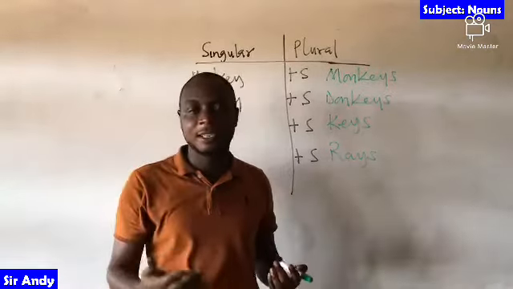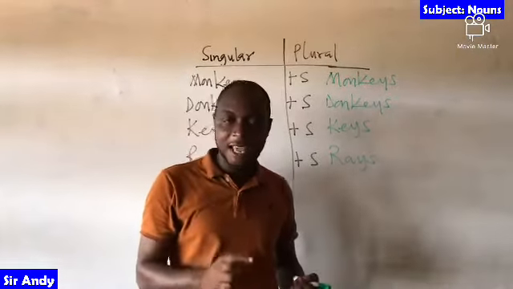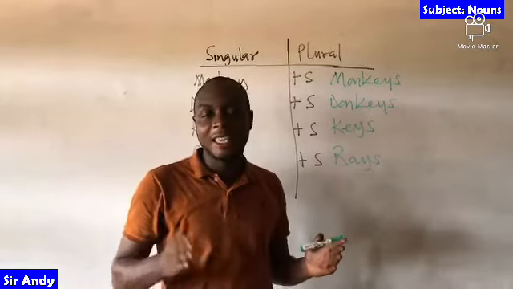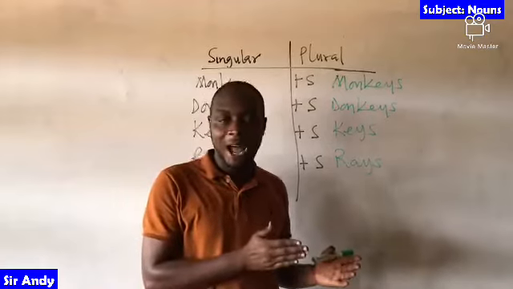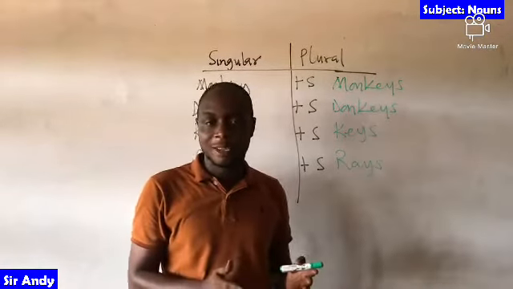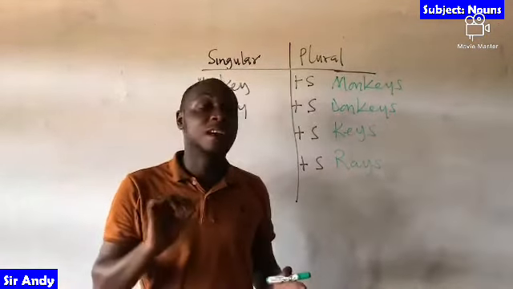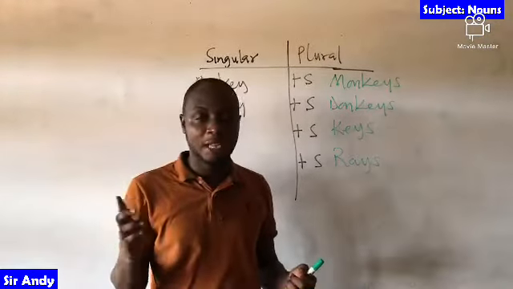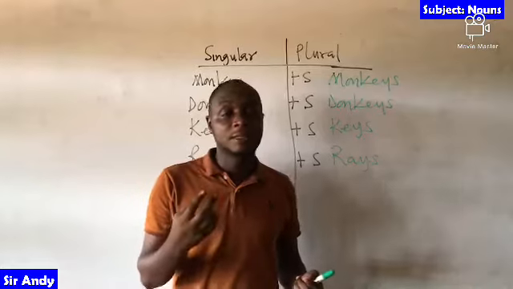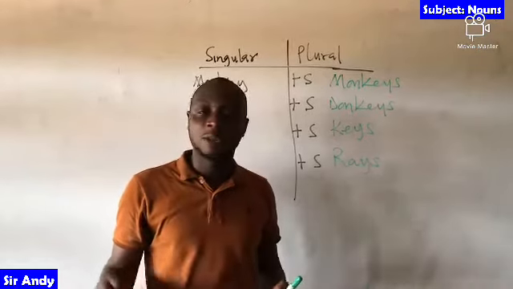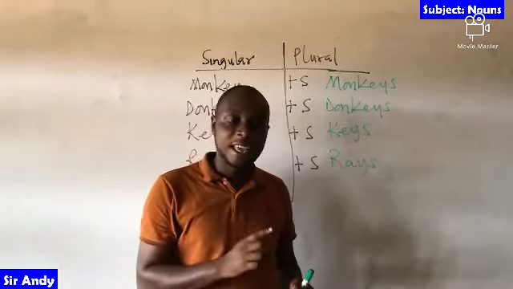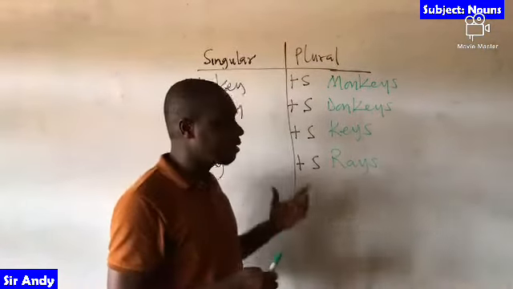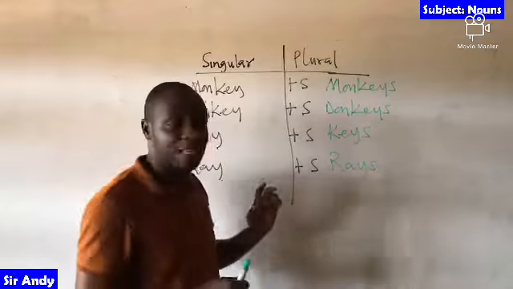They may think that any word which ends with y must have ies replacing the y. But it isn't so. If the y is coming after a vowel sound, the y is maintained and you only add s to it. But if it is coming after a consonant sound, then you must take away the y and replace it with ies. That is the exception to this particular rule.